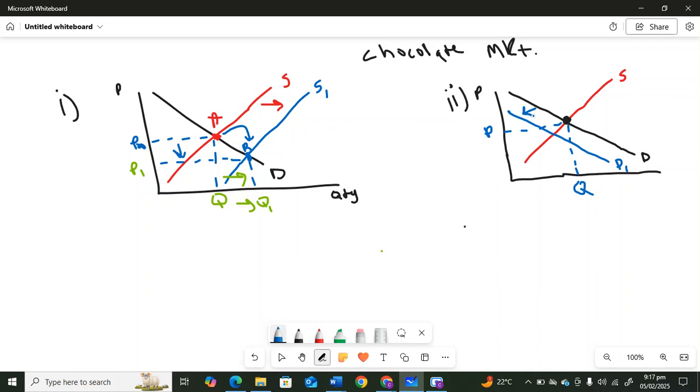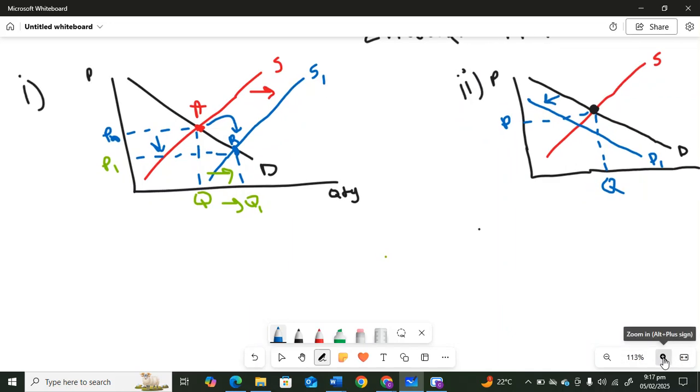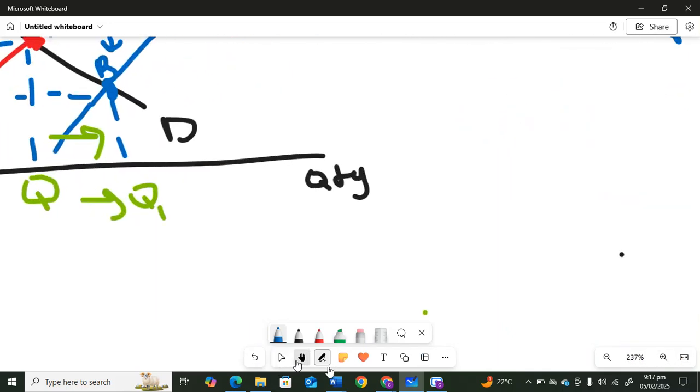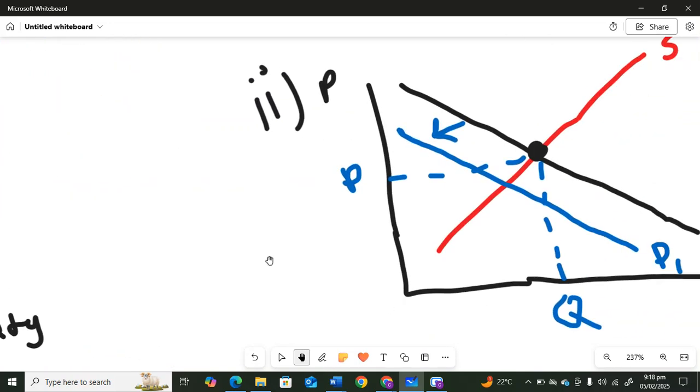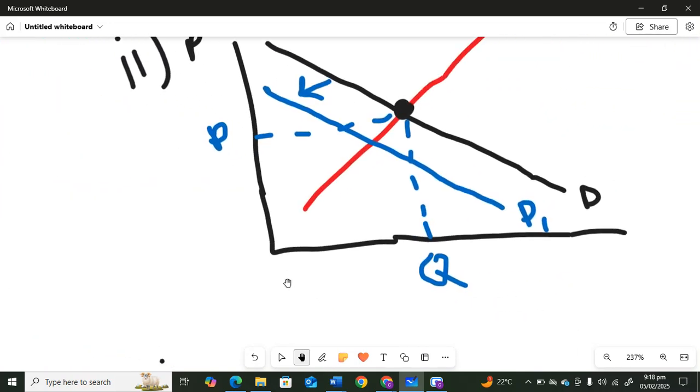So as demand reduces, our equilibrium point will also move down the supply curve from point A here to point B.